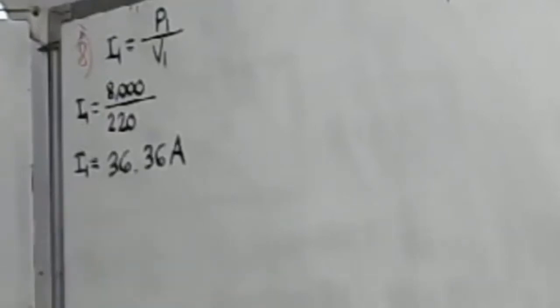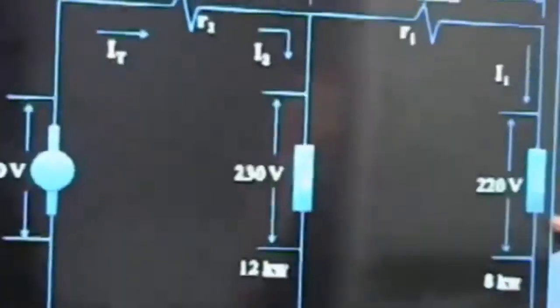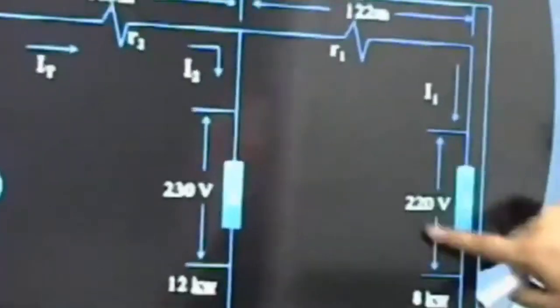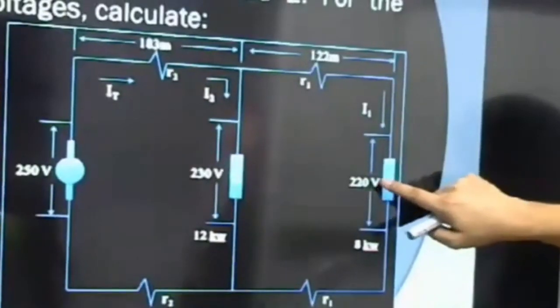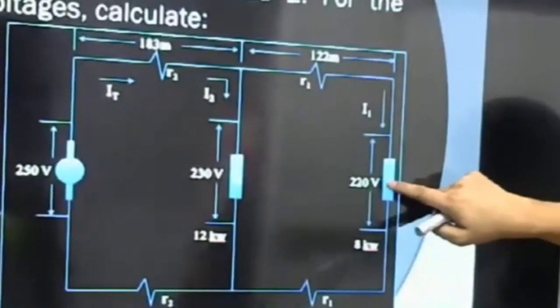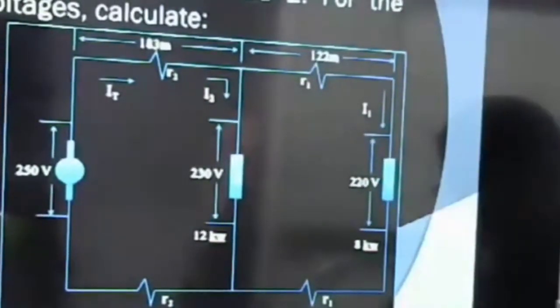So that is our I1. Take a look, where is I1? That is the current here, for the 8 kilowatt load. Then let us get how to get our R1 here.